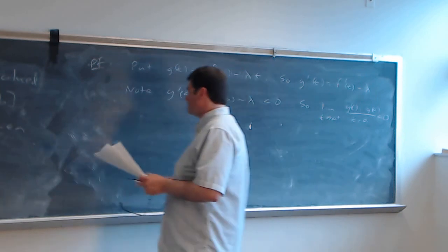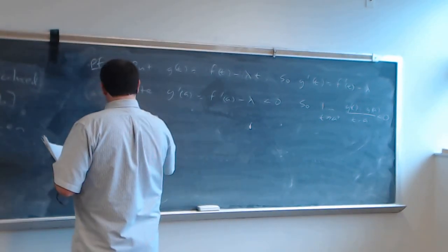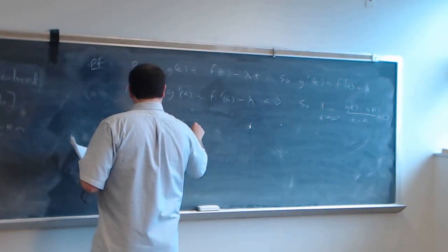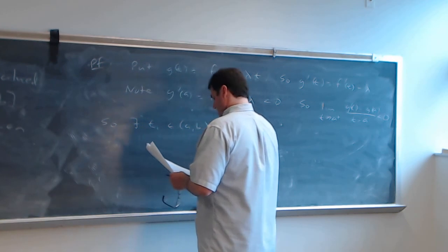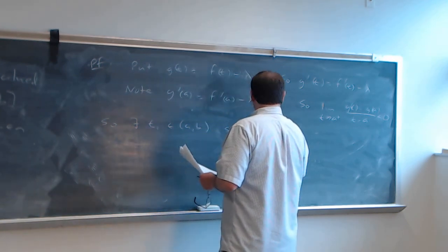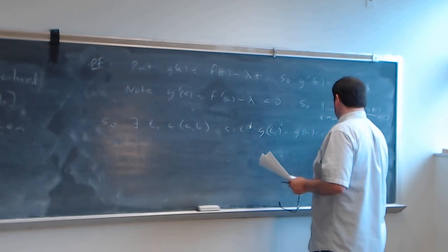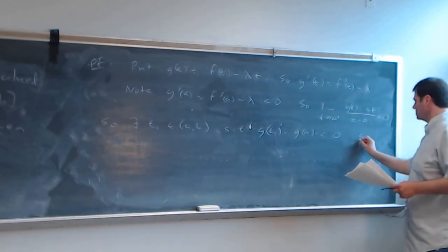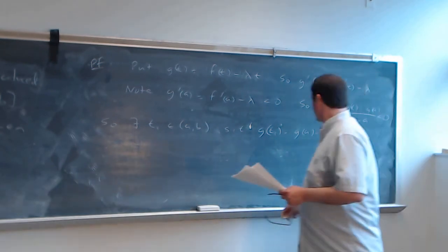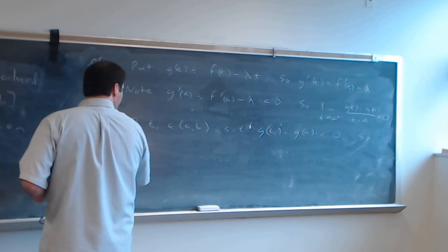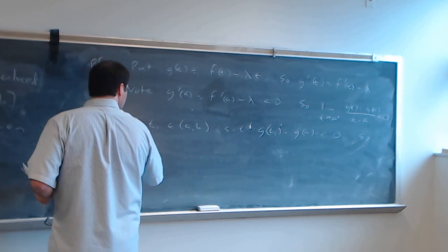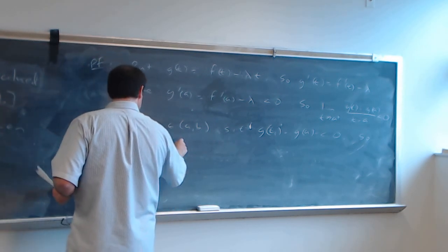So there exists a t sub 1 in A to B such that g of t sub 1 minus g of A is less than 0. So g of t sub 1 is less than g of A.